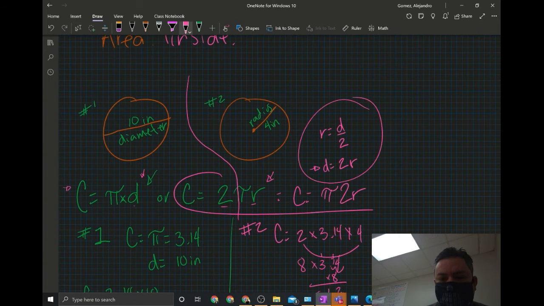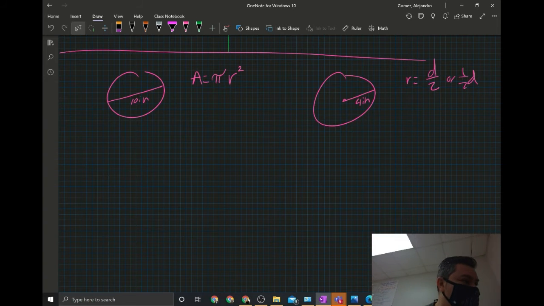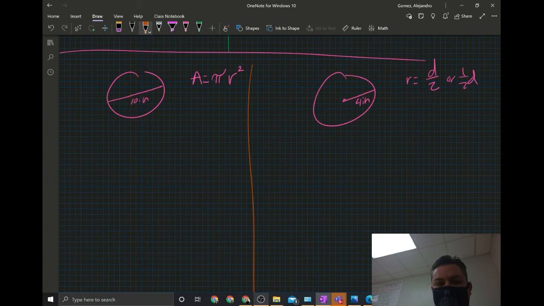I'm hoping that you're paying attention because this is a lot. Again, for area, you always need to know the radius. So right here in the middle, that's the formula for area: area equals pi times radius squared.